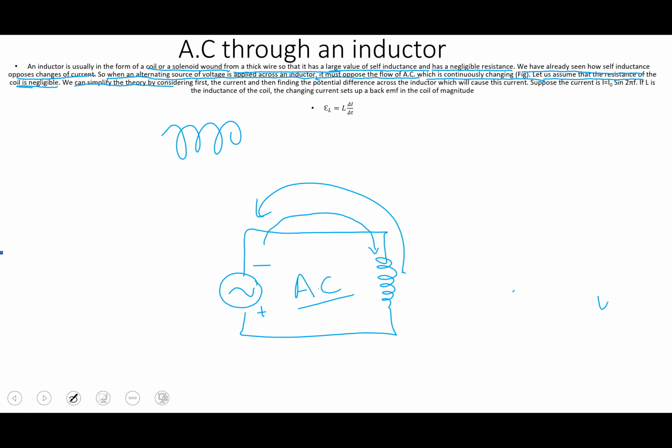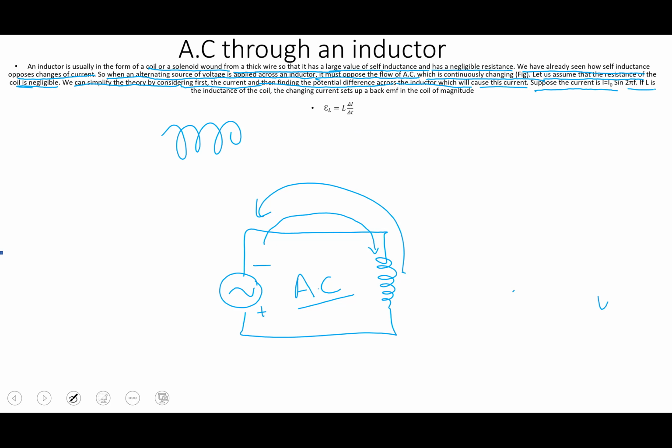We can simplify the theory by considering the current first and then finding the potential difference across the inductor, which will cause this current. Suppose the current is I equal to I naught sine omega t, where omega is 2 pi f.